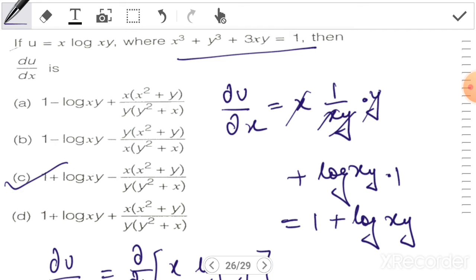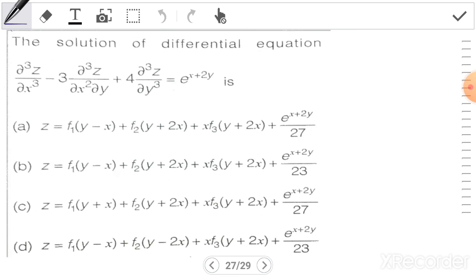Let us see the next question. The solution of the differential equation del cube z by del x cube minus 3 del cube z by del x square del y plus 4 del cube z by del y cube is equal to e power x plus 2y is.